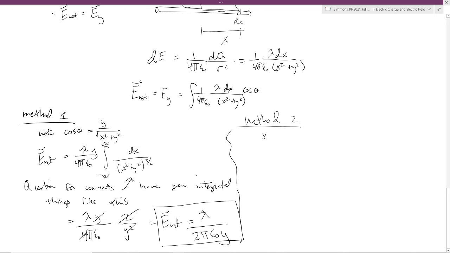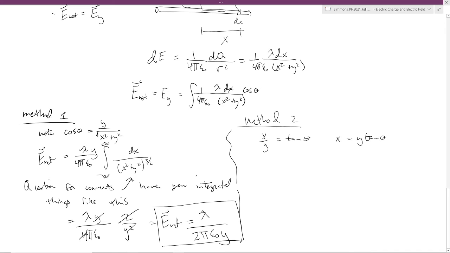They base that off the fact that if you connect x and y to theta through tangent theta, you know that x is y tangent theta. And you can recast dx.